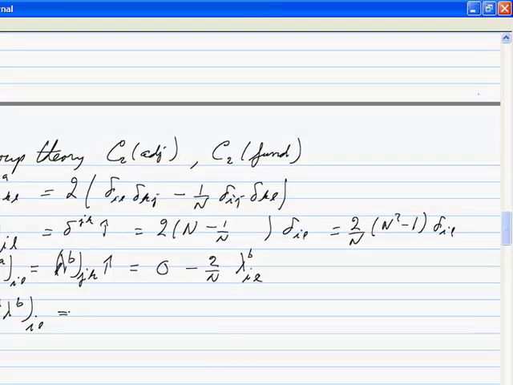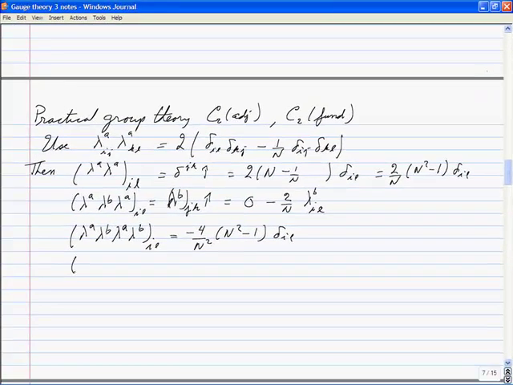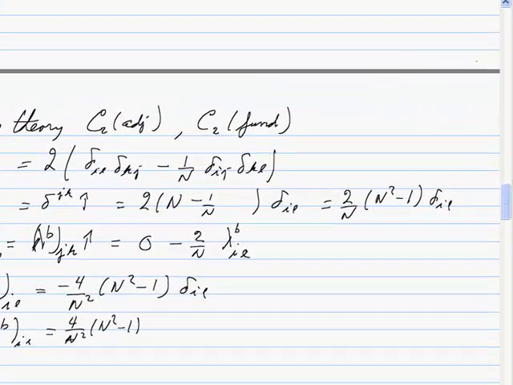So that's minus 4 over n squared minus 1 delta IL times the unit matrix, and lambda A, lambda B, lambda A, lambda B is 4 over n squared minus 1 quantity squared.